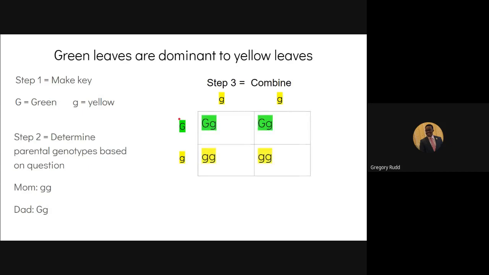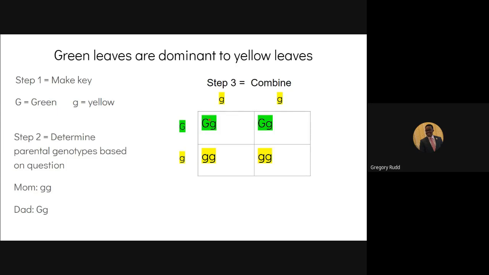Now our Punnett square. Do we see how in a heterozygous genotype, we still express the dominant trait? Anytime I've got a capital G, it doesn't matter if there's also a lowercase g, I'm going to end up with the dominant phenotype. It's going to be green.